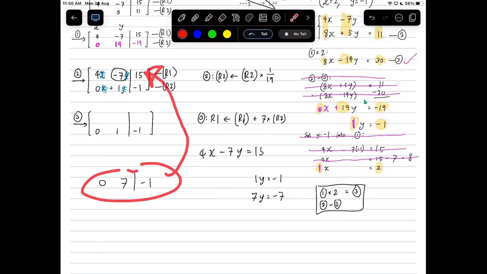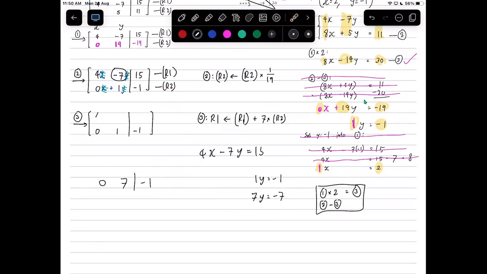So what do you get? 4 plus 0 gives you 4. 7 plus negative 7 gives you 0. Negative 1 plus 15 gives you 14. Wait a minute. This is 4x equals 14. Hold on, something is wrong. Yeah, I made a mistake.